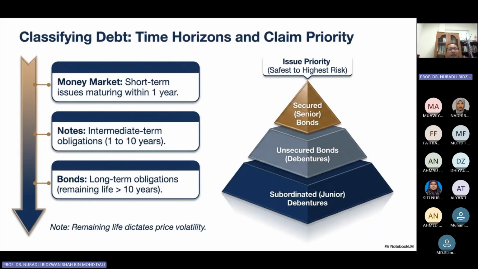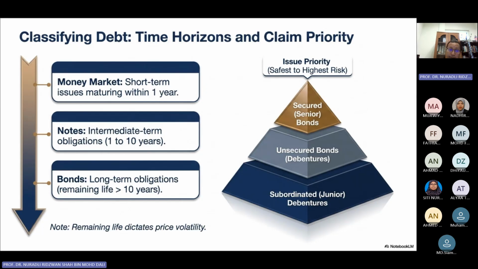But to make it easier, I'm just trying to categorize all the fixed income as debt market. Since we are using the conventional market, the sukuk also fall into the debt market.